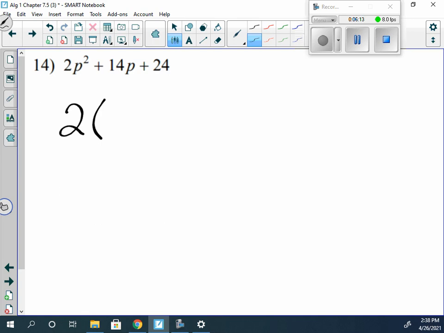Two will divide into all three evenly. Because 2p squared divided by 2 would be p squared. 14p divided by 2 would be 7p. 24 divided by 2 would be 12.